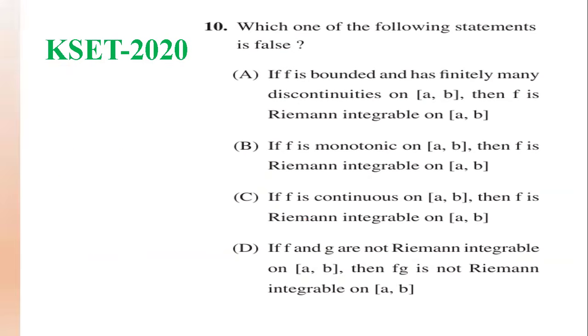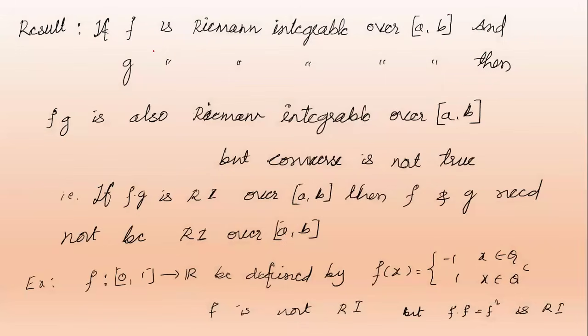See the result: if f is Riemann integrable over a closed interval [a, b] and g is Riemann integrable over [a, b], then f into g is also Riemann integrable over the closed interval [a, b]. But the converse is not true.